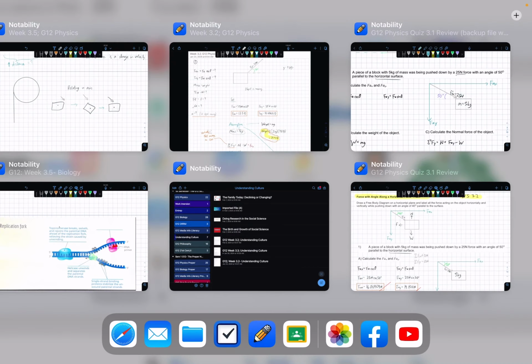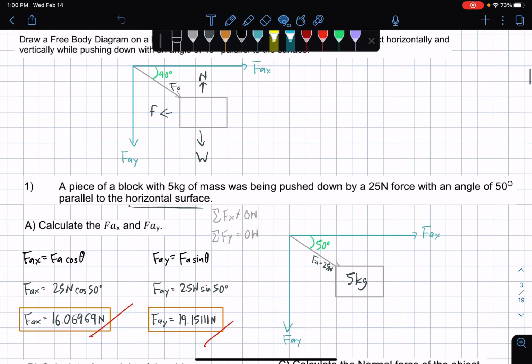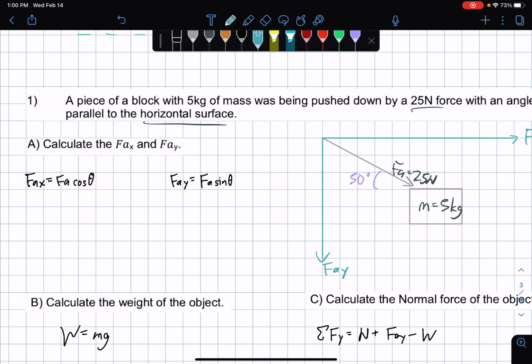What else do we have to add? Preferably friction. Enumerate the friction, the weight, the normal force, and this is already the applied force, so we don't have to write anything here.